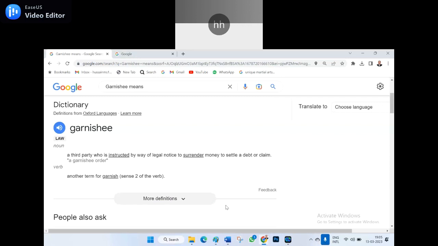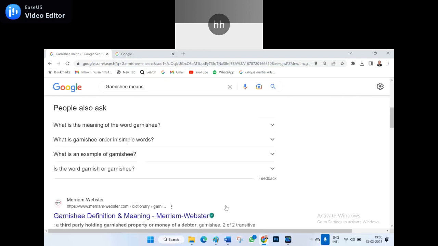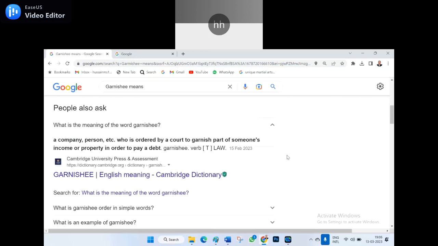A third party who is instructed by way of legal notice to surrender money to settle a debt or claim is a garnishee. What is the meaning of the word garnishee? A company, a person, etc., who is ordered by the court to garnish part of someone's income or property in order to pay the debt.